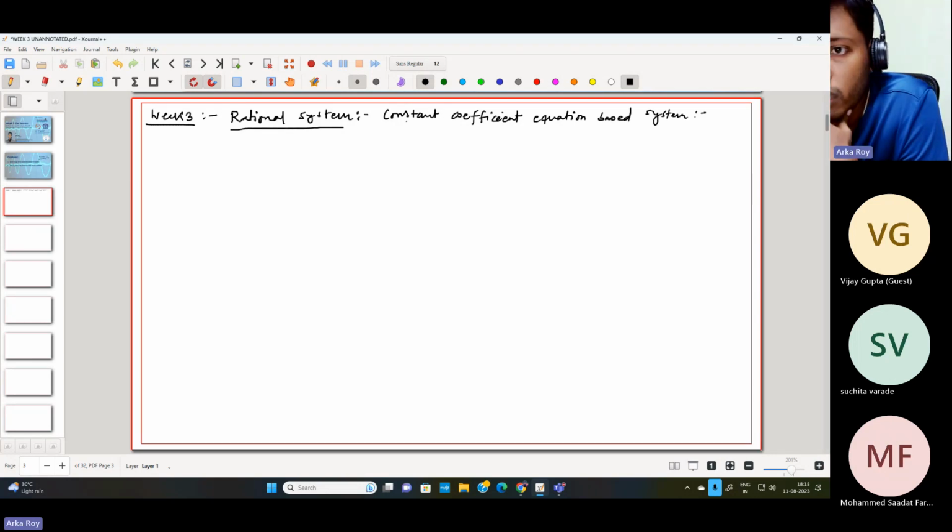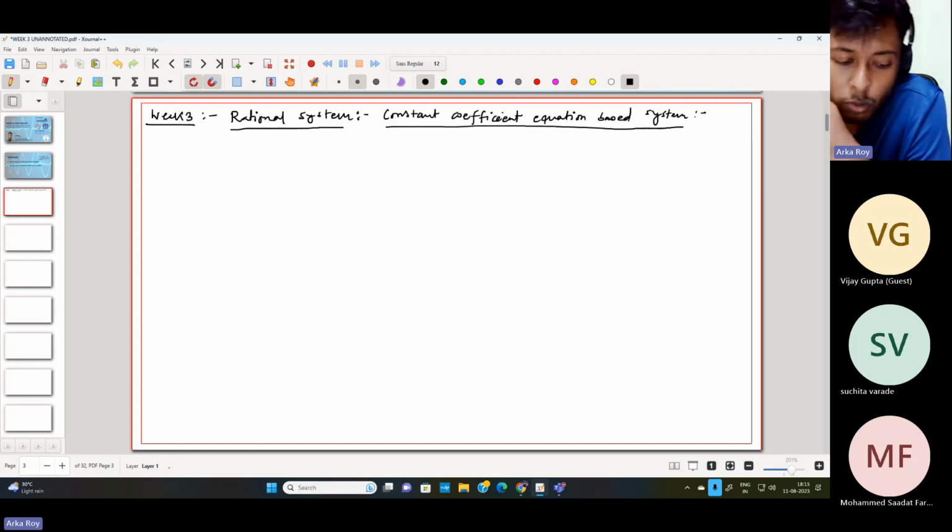So in this particular chapter, we'll basically deal with the difference equations. In the difference equation, we'll try to solve the properties of the difference equations, and using the difference equation, how can we form a system?